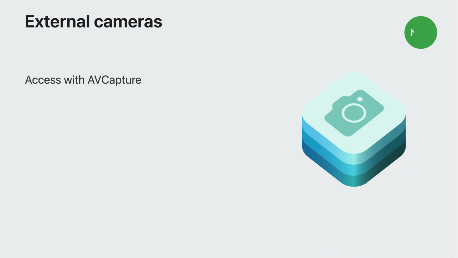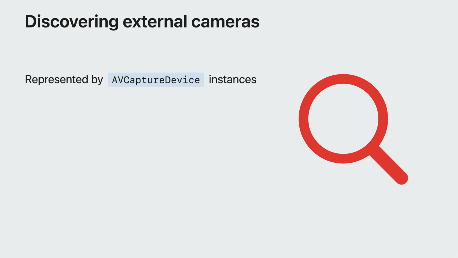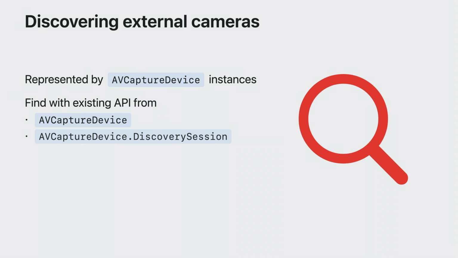New in iPadOS 17, your app can access external cameras with AV Capture. If your app already uses built-in cameras, you can make simple updates to start using external ones. Discovering them is easy. Each external camera is represented by an AV Capture device instance, and you can find them with existing API, from AV Capture device and AV Capture device discovery session. There are three main attributes of an AV Capture device: its media type, device type, and position.